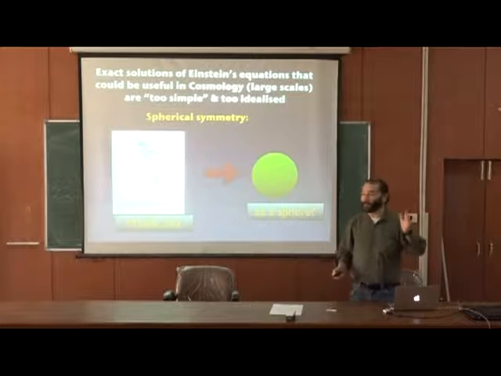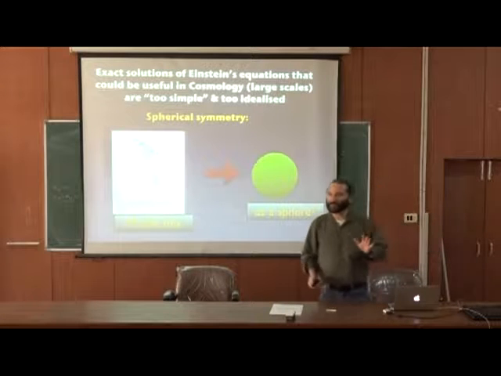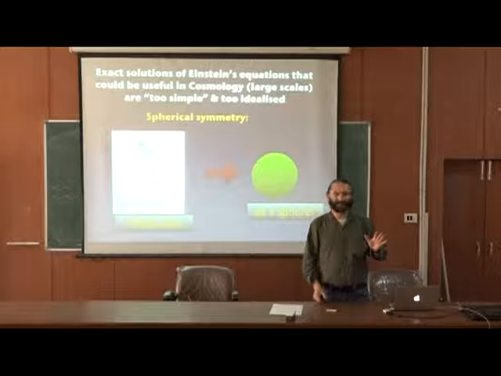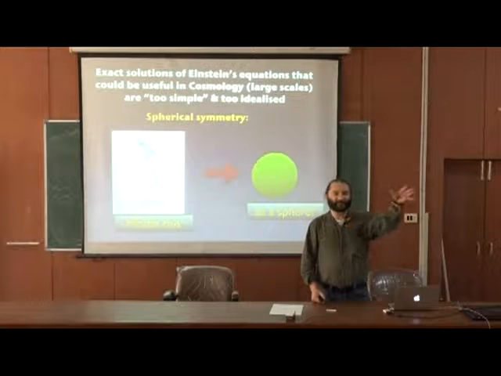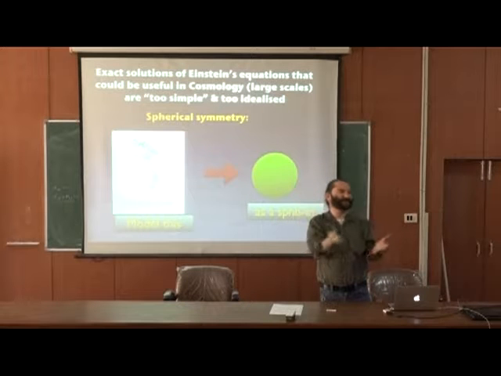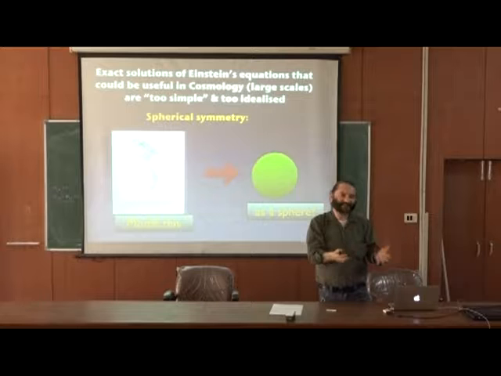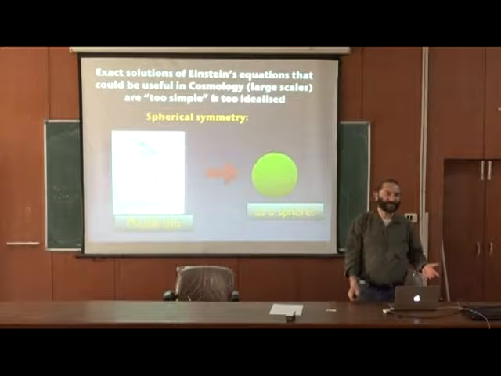It can give you information, it's not useless. Suppose you want to describe the distribution of all the houses in Delhi, and you say it's a spherical distribution. It's not very realistic, but it can still give you some information.